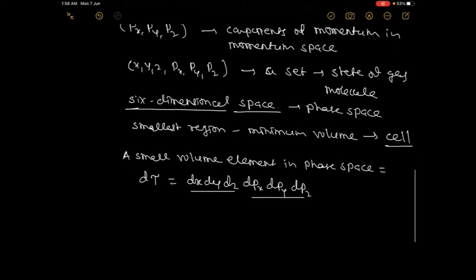That volume of cell has minimum volume that we calculate according to the Heisenberg's uncertainty principle.